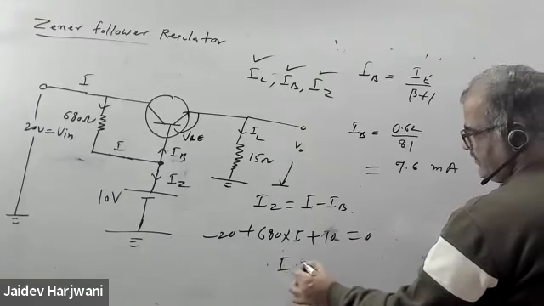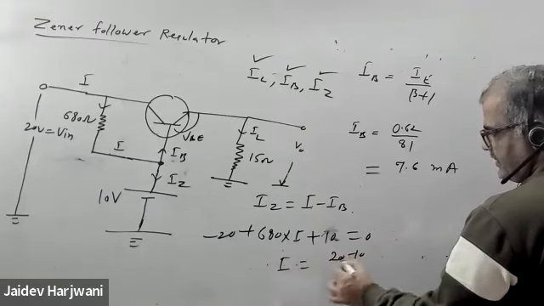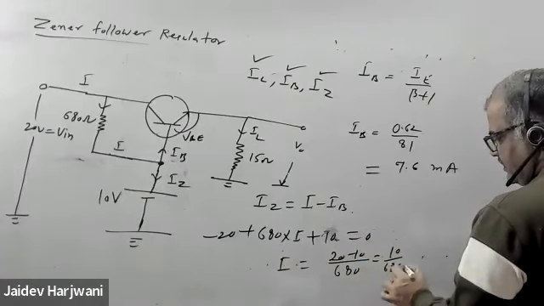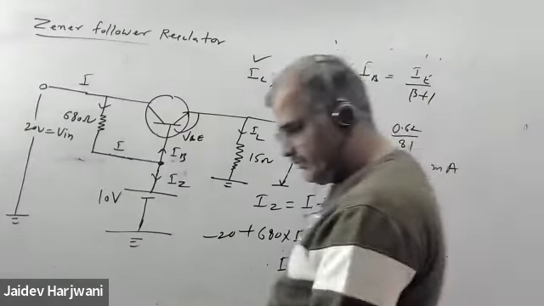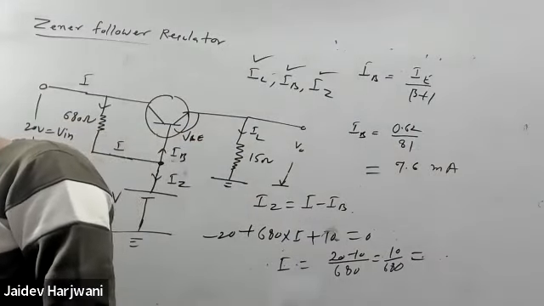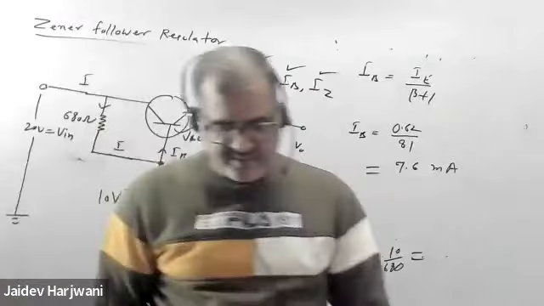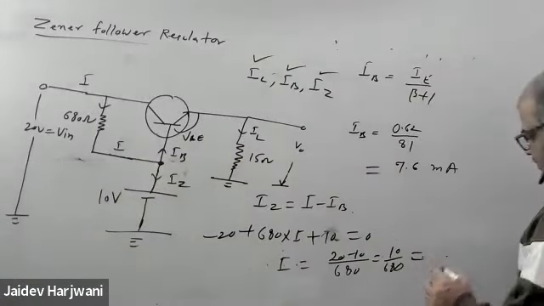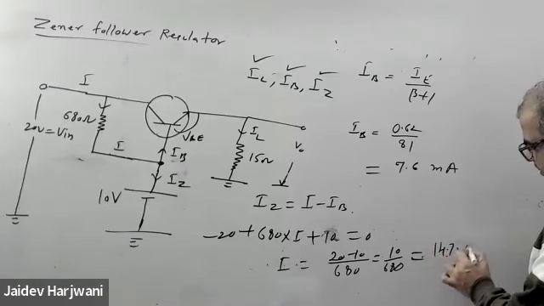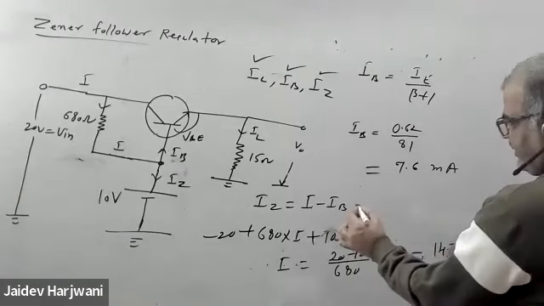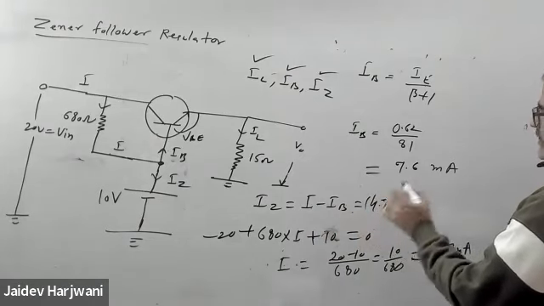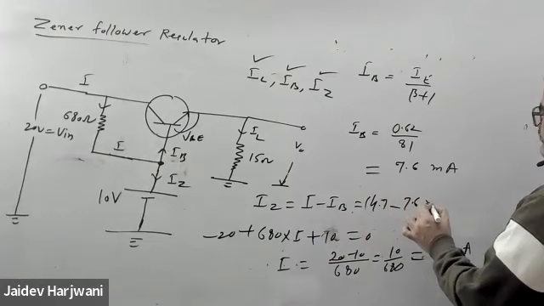So your I will be simply 20 minus 10 upon 680, that is 10 upon 680. How much is coming? 14.7 milliampere. So you can find 14.7 minus IB, 7.6.